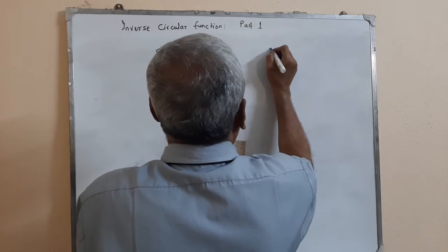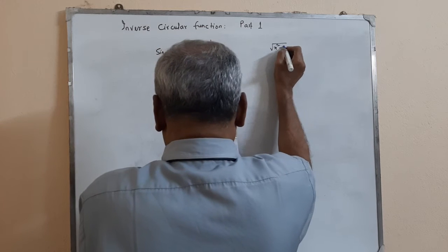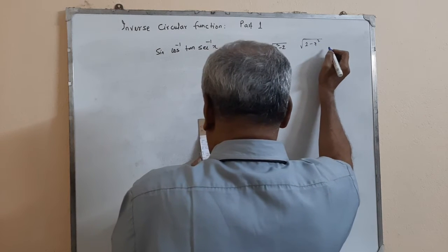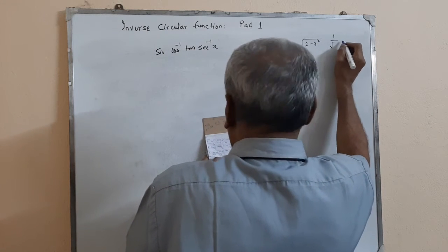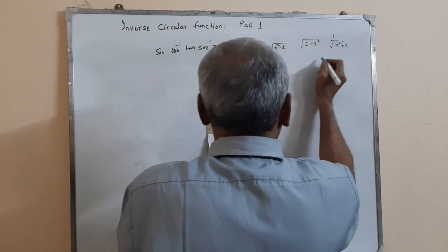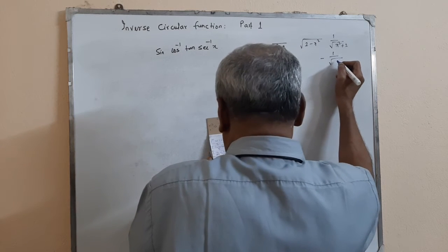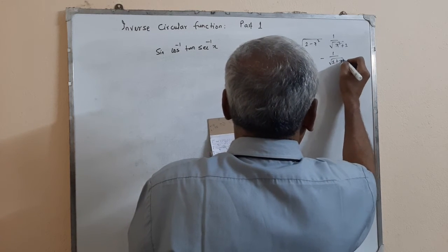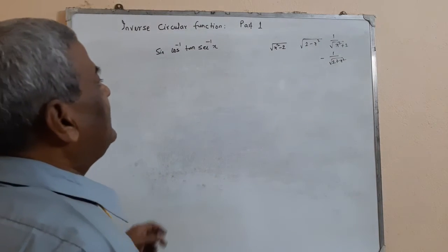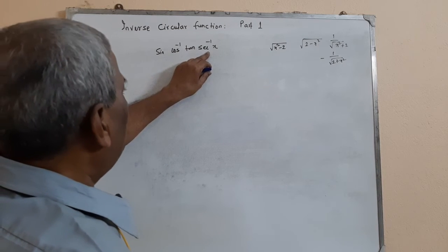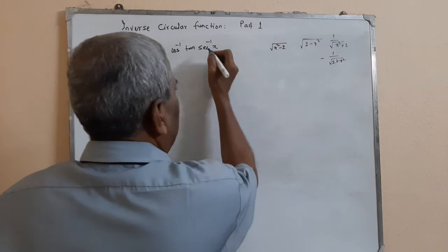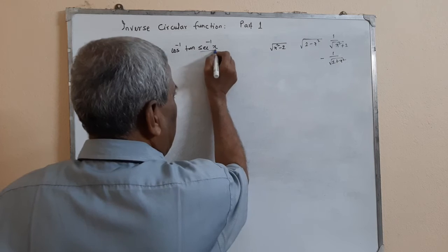The options are root over of x square minus 2, root over of 2 minus x square, 1 by root over of x square plus 2, and finally minus 1 by root over of 2 plus x square. These are the options. Actually there are two inverse circular functions and two trigonometric functions. The way is we have to simplify from the end.